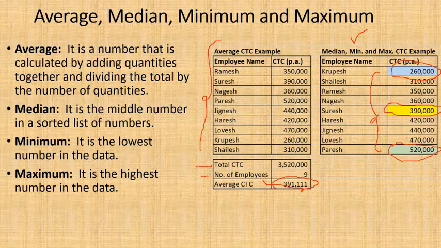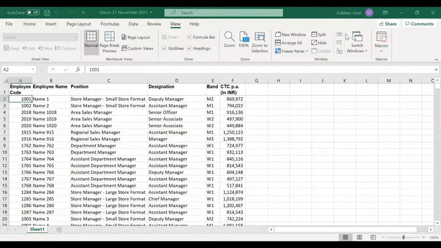Now how to calculate this, I will show it to you by taking you through an Excel sheet. So here is the Excel sheet, and in this Excel sheet, I have taken some hypothetical data to calculate the percentiles, median, average, minimum, and maximum CTC position-wise and band-wise.